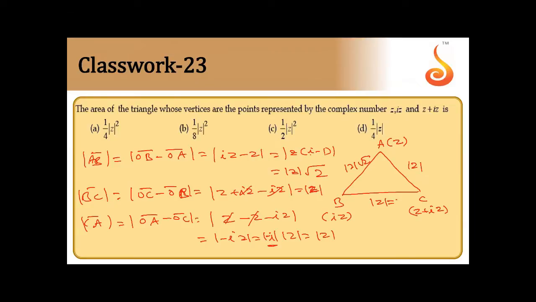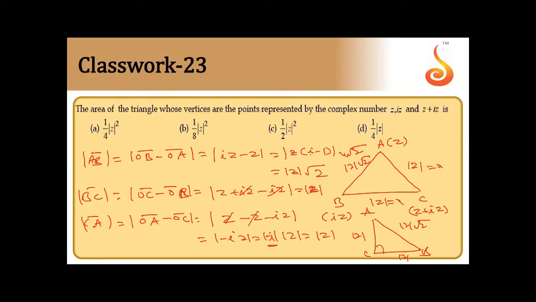Suppose this is x, and this is x root 2. What will happen? So there is a right angle at C, because AB is the hypotenuse. This is mod z, this is mod z, and this is mod z root 2. So angle C is a right angle.